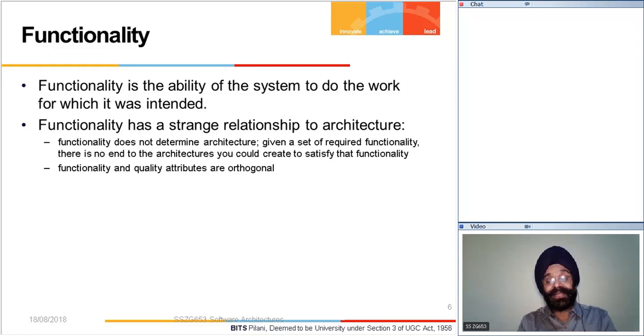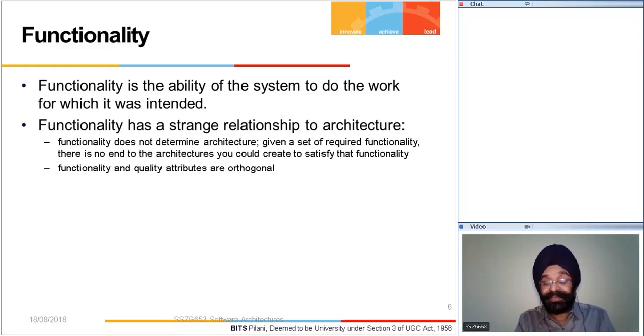Functionality determines design, object-oriented analysis and design. Your relationship with functionality is much heavier there, where you'll have your analysis models and design models. They will have some concern on quality attributes, but the main concern there will be functionality.